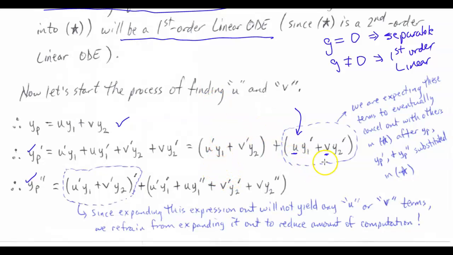When I take the second derivative, which is the derivative of the derivative, notice that if I take the derivative of this term here, I am not going to get any terms that have a u or a v in it explicitly. So because of that, I'm going to judiciously leave this as just u prime times y1 plus v prime times y2, just a derivative of that.